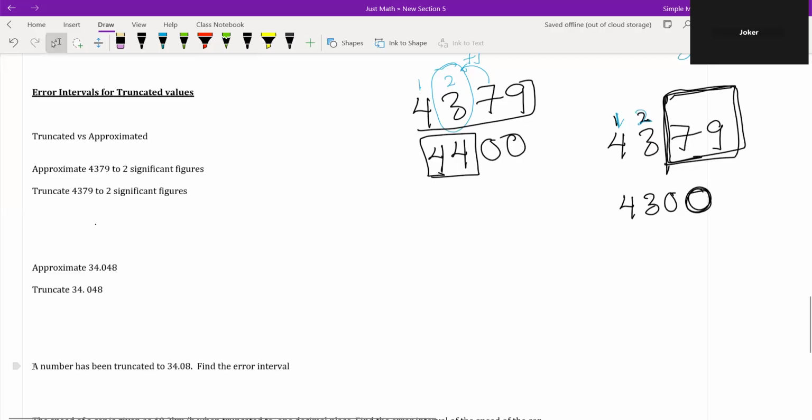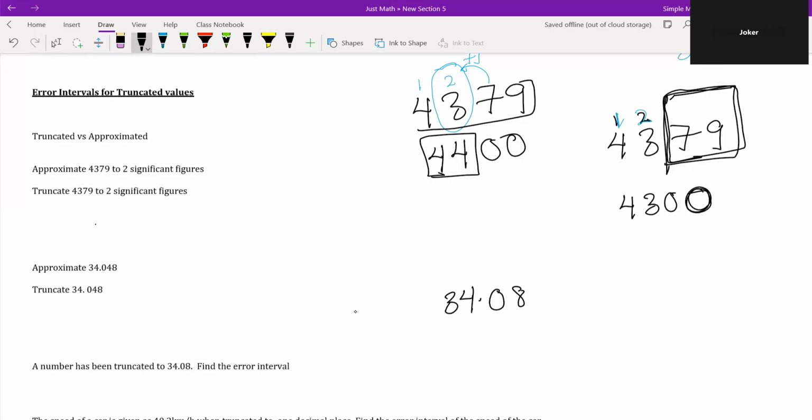A number has been truncated to 34.08. Find the error interval. Obviously what we have here is 34.08. It means when we truncate, anything after the 8 was already removed, was gone. So what could be the error interval here?